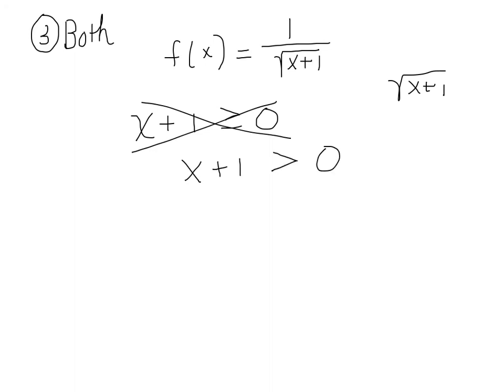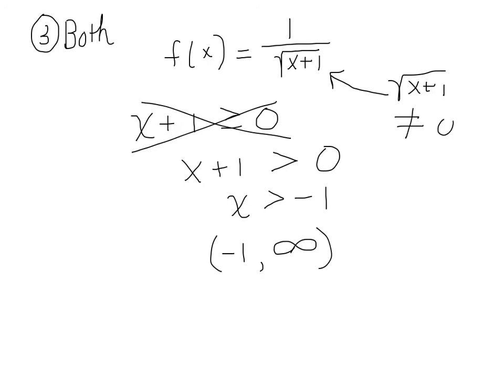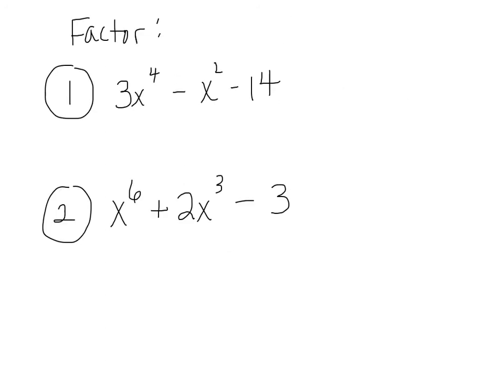So the solution would be x is greater than negative 1. That means I would start at negative 1, not including, and go to infinity. And that would be my answer. So the important thing to remember is when the radical is in the denominator, the whole thing cannot equal 0. That's the only difference.